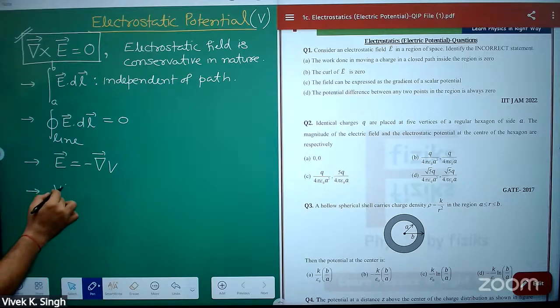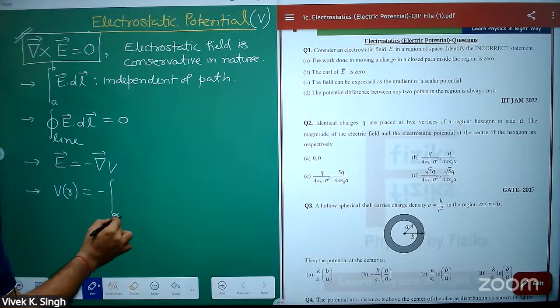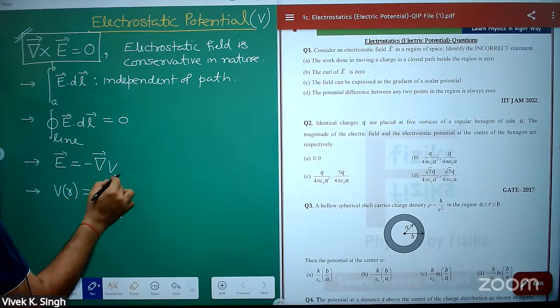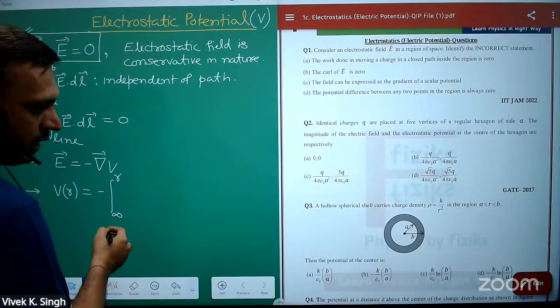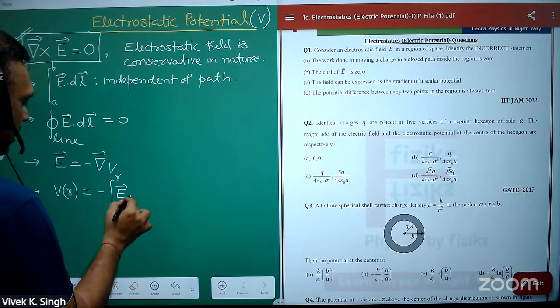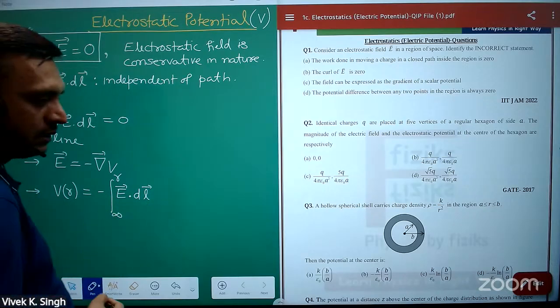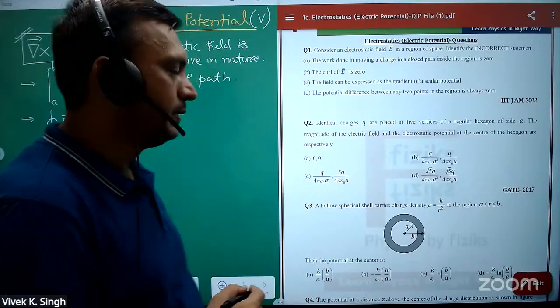Potential at a particular point is given by minus the integral of E dot dl, taking infinity as the reference point where we assume potential is 0. This will give you the potential at a particular point.